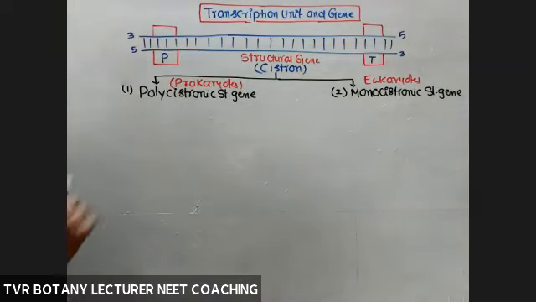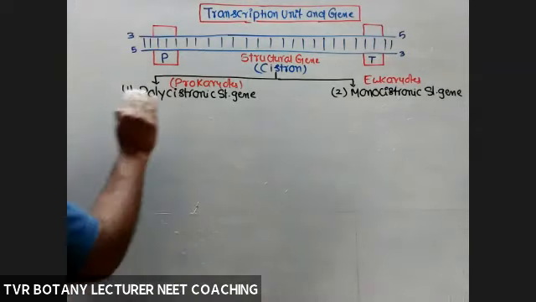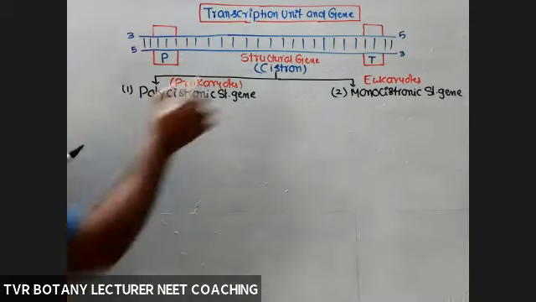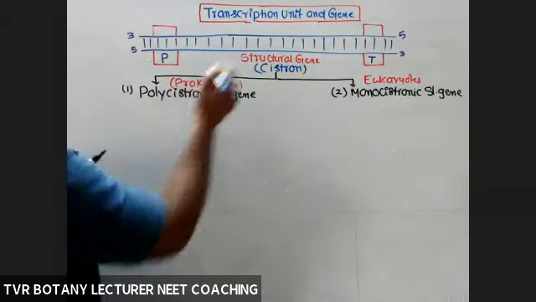Okay, right? So how to understand the polycistronic structural gene? Take that structural gene part.